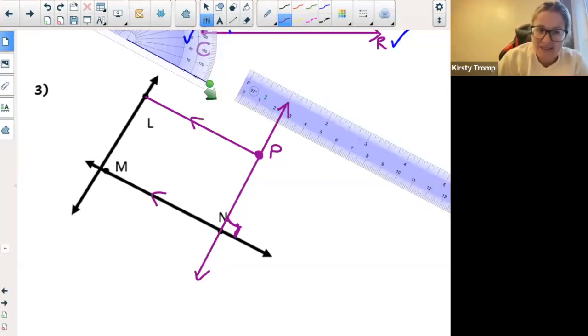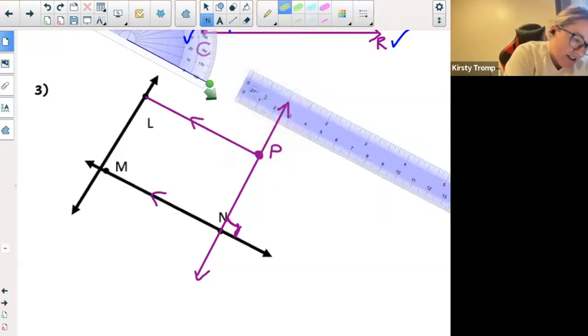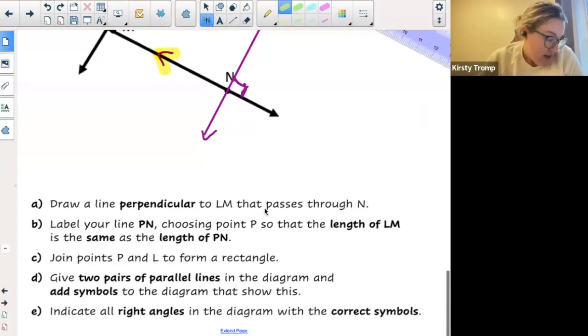Yes. Like that. Perfect. Well done. Thank you, Kota. All right. So it's that one and that one. Thank you so much for your help. Well done. All right. So there are my two parallel lines.